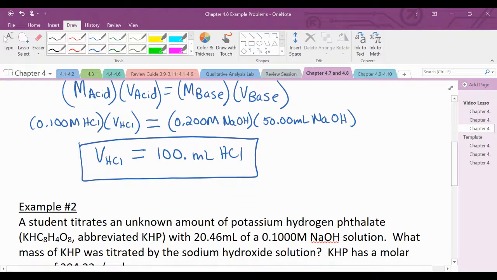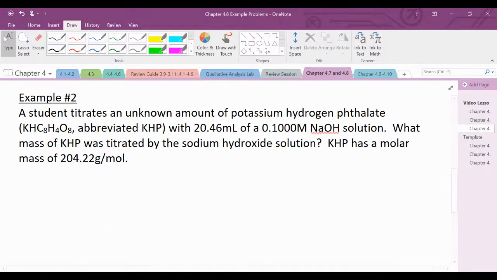So for our next problem, a student titrates an unknown amount of potassium hydrogen phthalate, abbreviated KHP, with 20.46 milliliters of 0.1000 molar sodium hydroxide solution. What mass of KHP was titrated by the sodium hydroxide solution? And I gave you the molar mass.